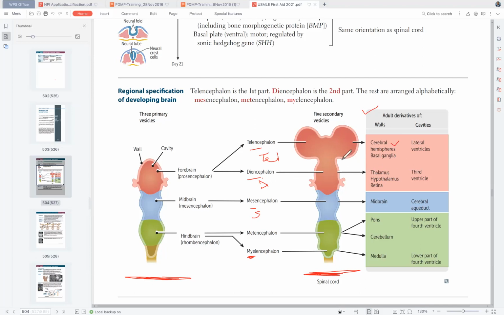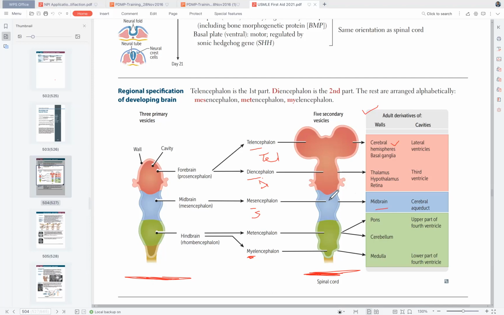The thalamus is the lower part of it, so you have the thalamus, and then the cerebral hemispheres are sitting around it, and the thalamus is also resting near the midbrain. The midbrain remains the same here. The mesencephalon gives rise to the midbrain.